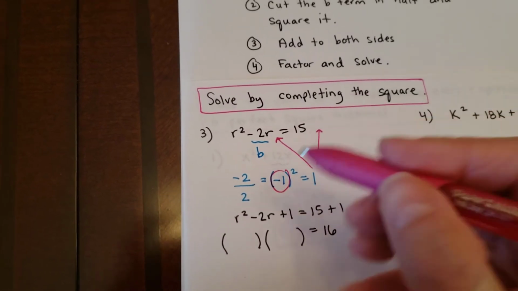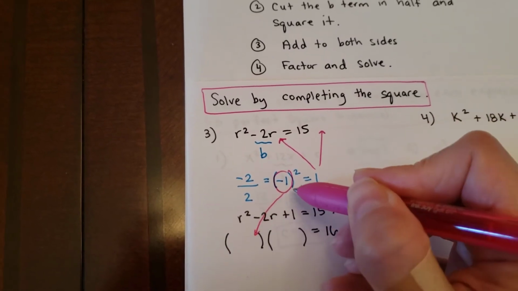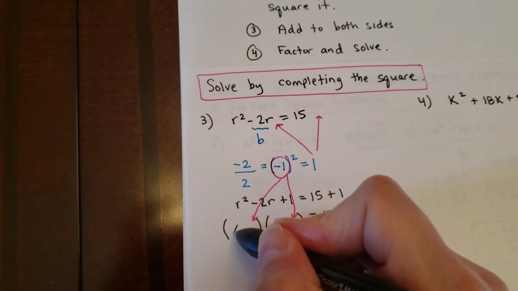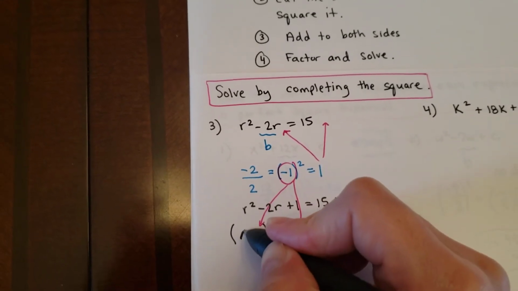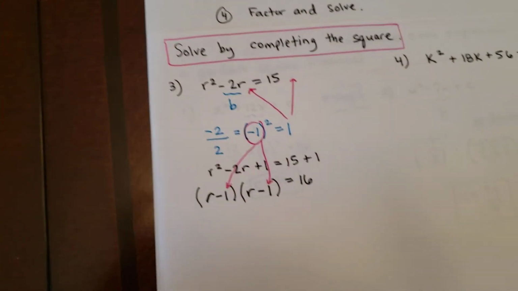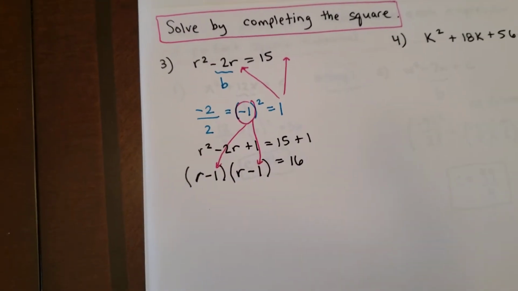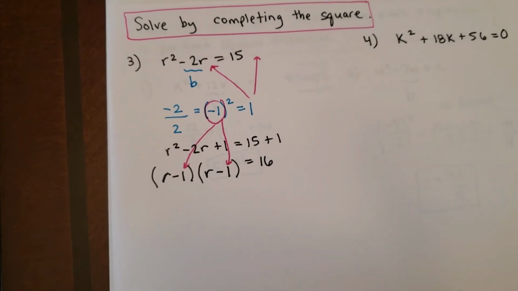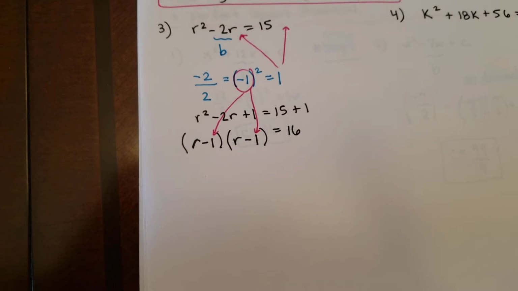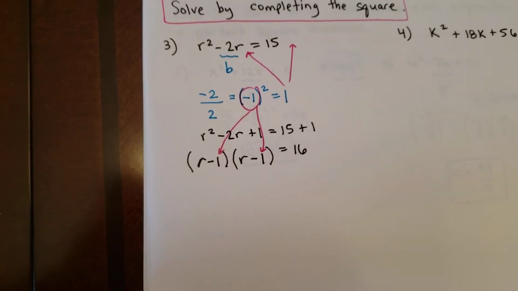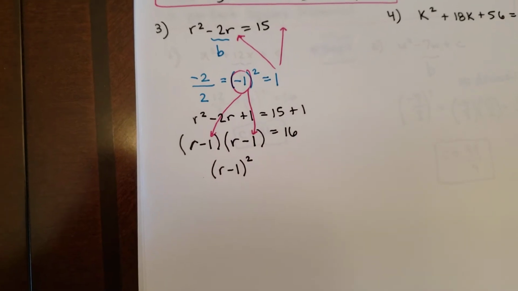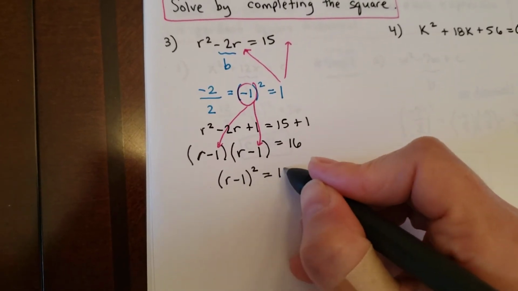Don't skip this. This number will come down and go to the back of the parentheses. So you'll end up having r minus 1 and r minus 1. It'll be like that every single time. So you just want to get into this pattern. Since we have 2 r minus 1s, we can rewrite it as r minus 1 squared equals 16.